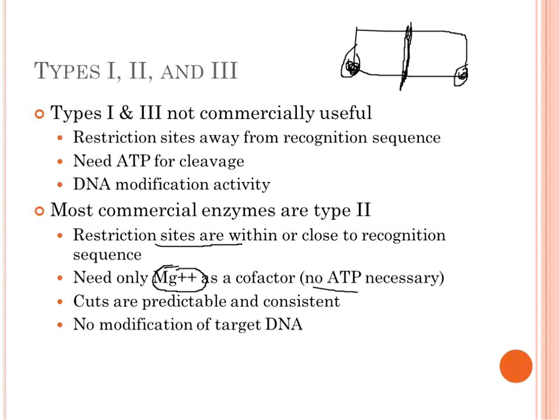The cuts are predictable and consistent. You can tell where the cuts are going to be, not random, right? And finally, there is no modification of the target DNA. So the target DNA stays the same. That's important. You want your gene to be intact, right? So that's why most of the commercial enzymes are type 2.